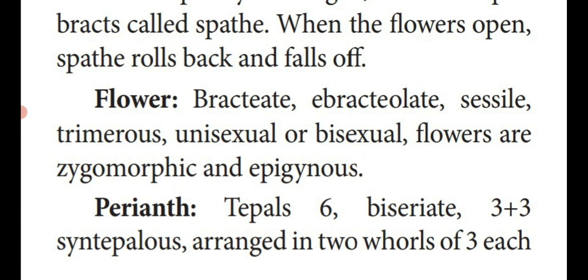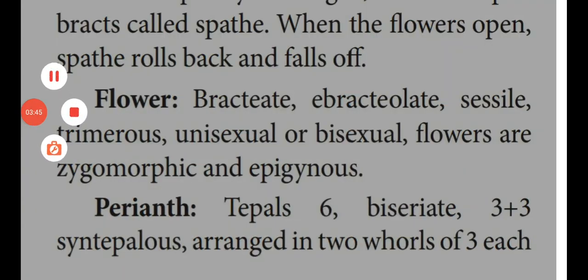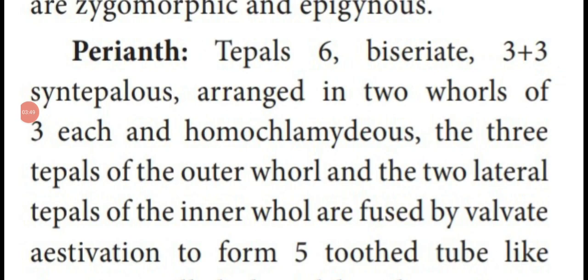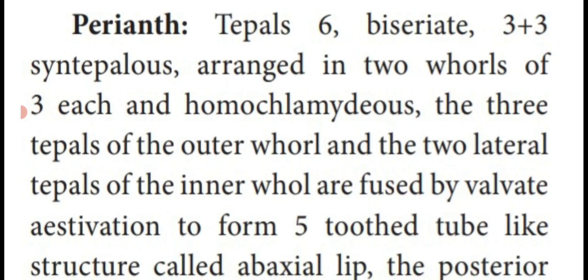They are fused together, so syntepalous. The perianth is arranged in 2 whorls of 3 each and homochlamydeous, that is, one of the whorls is absent, either calyx or corolla is absent or modified into perianth.